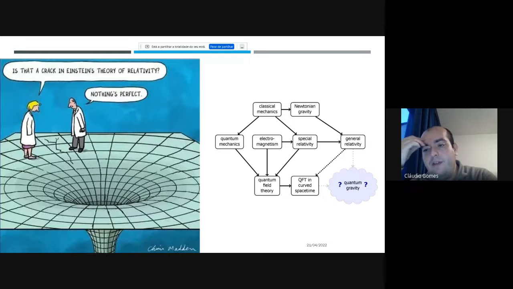Okay, but addressing a classical field, the perturbation of a classical field, and trying to understand the quantum meaning of it are completely different things. Okay, so are these gravitational waves really gravitons or not? We have missing pieces to understand this issue.